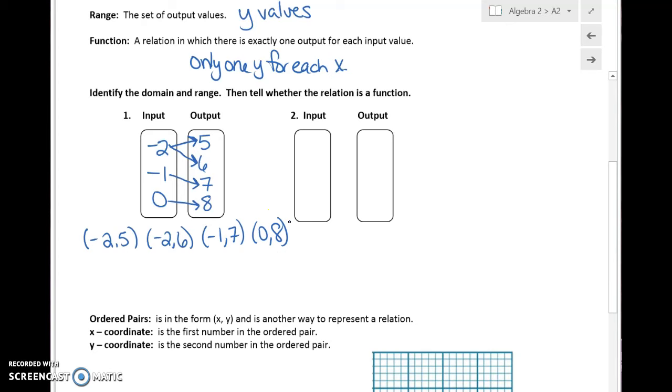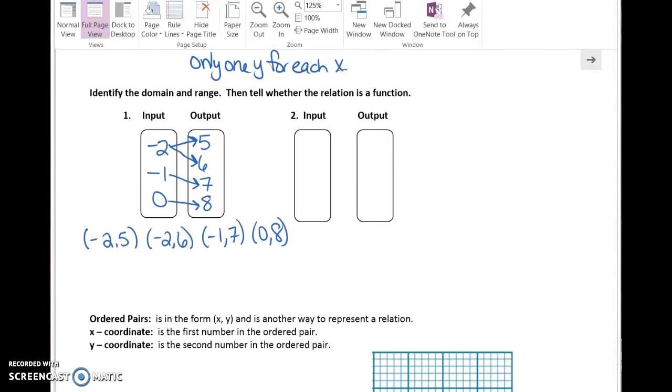Okay. This is a relation. It's a listing of inputs and outputs, and the inputs and outputs are related to each other in some way. -2 maps to 5, -2 maps to 6, and so on and so on. Is this a function? In order for this relation to be a function, there can only be one y value for each x value.